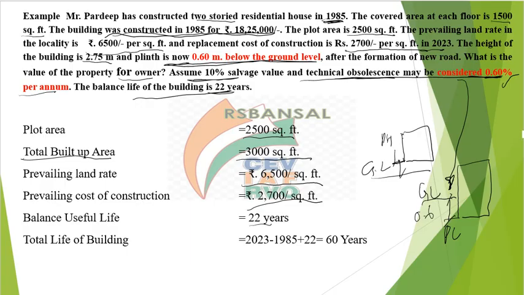See, you are doing the valuation in 2023. The building was constructed in 1985 and 22 years of balance life is still left. So the age of the building is 38 years, 2023 minus 1985, and 38 plus 22 years of balance life makes the total life of the building 60 years.